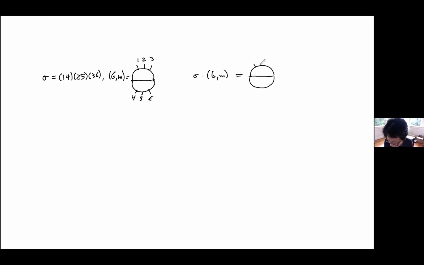You can be fairly informal at this point, but just remember, I had a contribution to my count from the pair consisting of this sigma and this graph. So why was there a contribution? It was because sigma applied to this graph was isomorphic, again, to the marked graph.